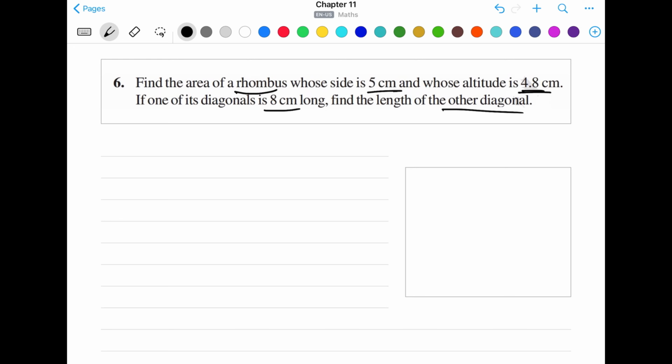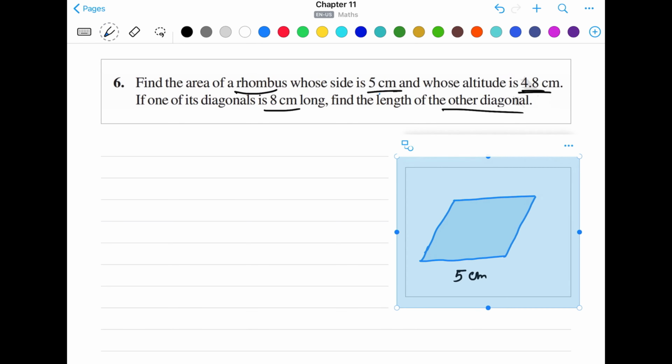Okay. So let's first draw its figure. We are having a rhombus like this, and we know all the sides in a rhombus are of equal measure. In this rhombus what we are given is one side is 5 cm. So one side is given to us as 5 cm long, and also the altitude of this rhombus is 4.8 cm.